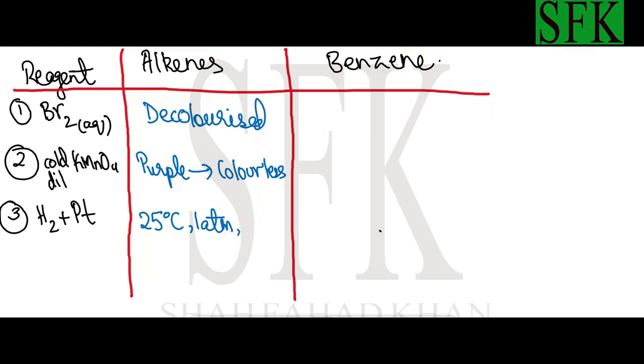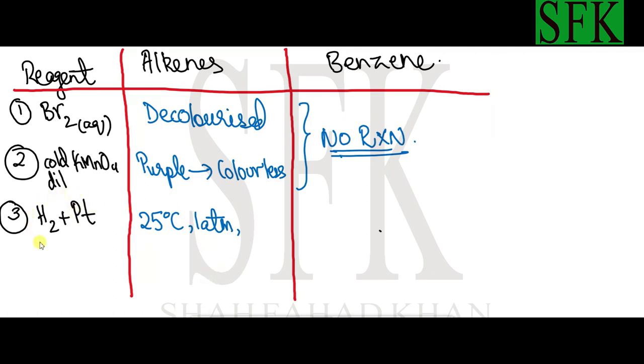With benzene, something very interesting happens. When we test benzene with the bromine water test, or the cold KMnO4, in both cases no reaction occurs with benzene. Benzene gives no reaction at all. Although according to Kekule structure it is unsaturated, it should give positive tests for both these reagents, but it does not.